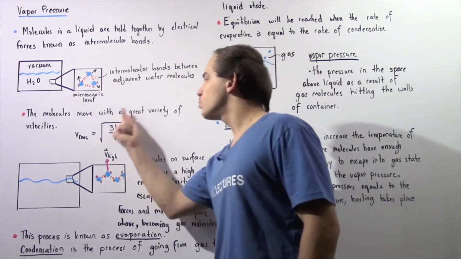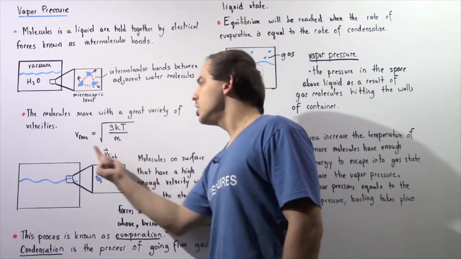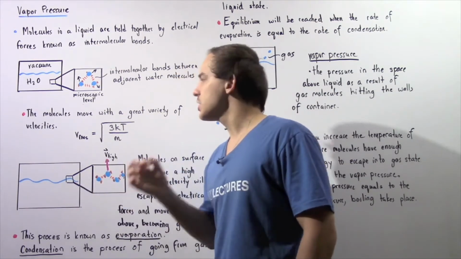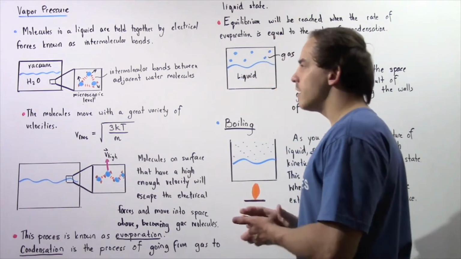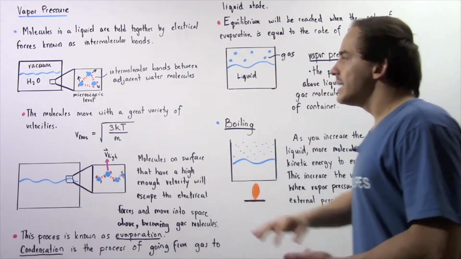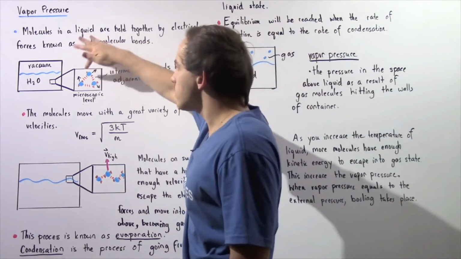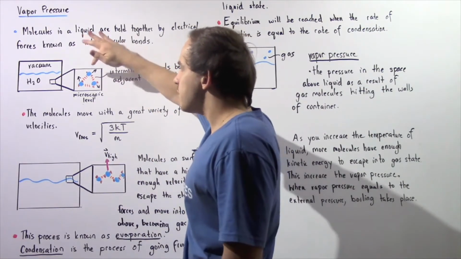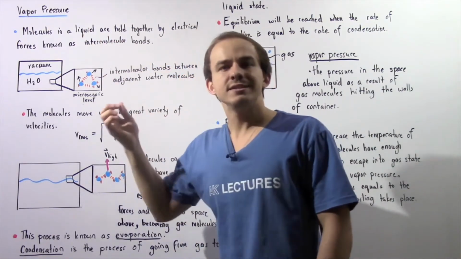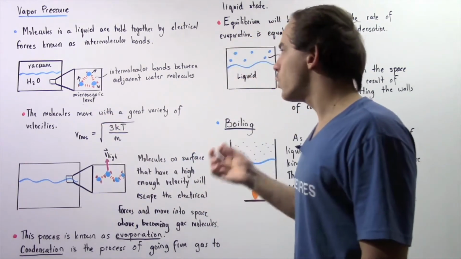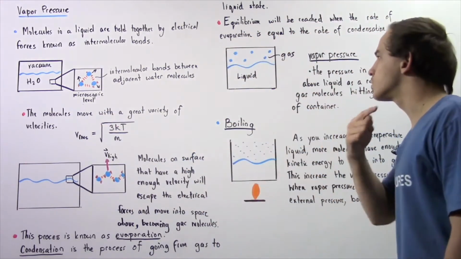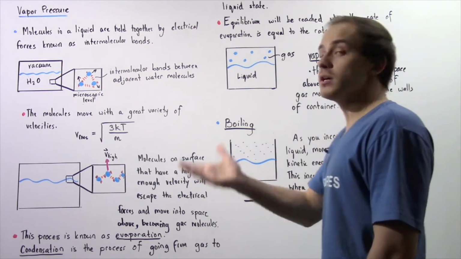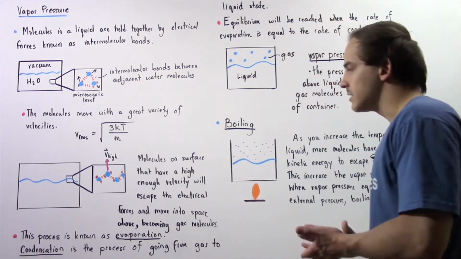Now notice, as we increase the temperature, we increase the velocity, and therefore we increase the kinetic energy of each molecule. Now if we examine the water molecules that are close to one another, notice that they are held by these intermolecular bonds, which are a result of the electrical forces between the subatomic particles, the electrons and the protons.